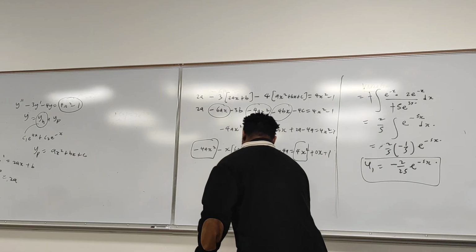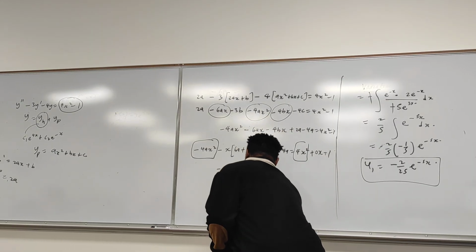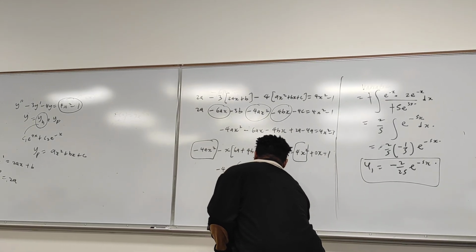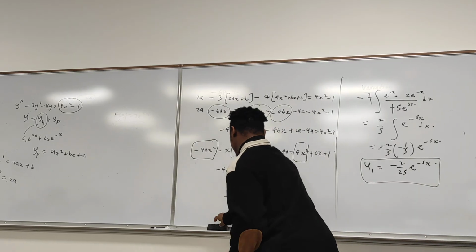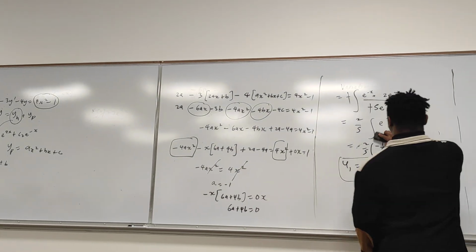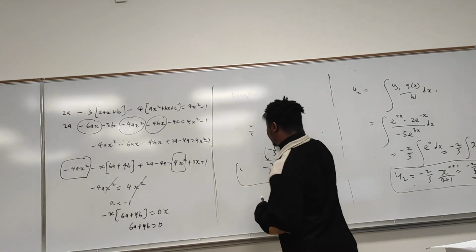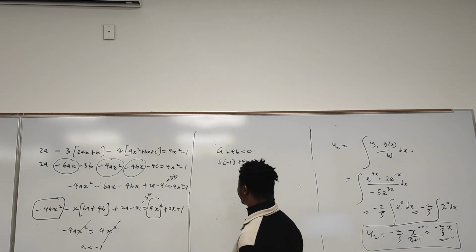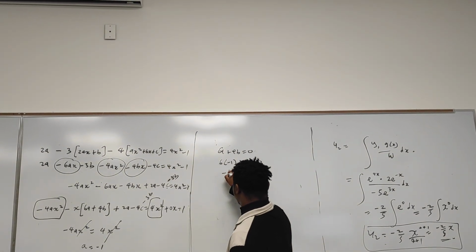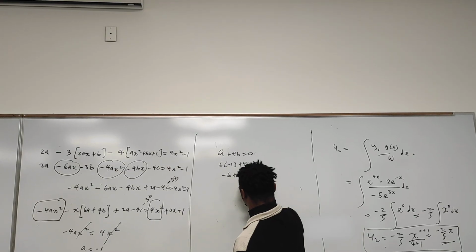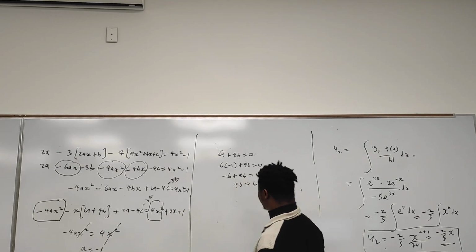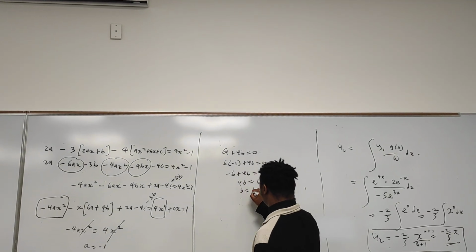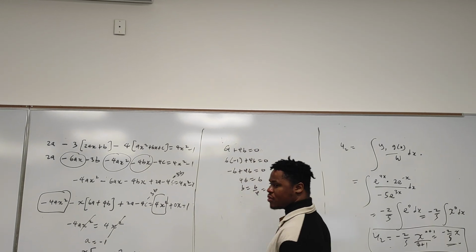So you can say 6a plus 4b is 0. Six times minus 1 plus 4b is 0, right? So minus 6 plus 4b would be 0. So 4b is 6, right? And b would be 6 over 4, which is 3 over 2.